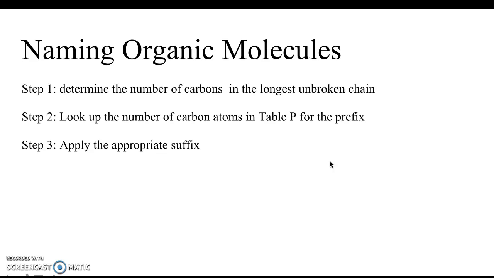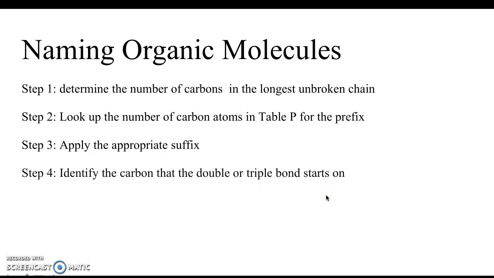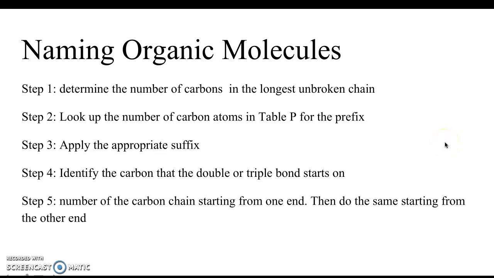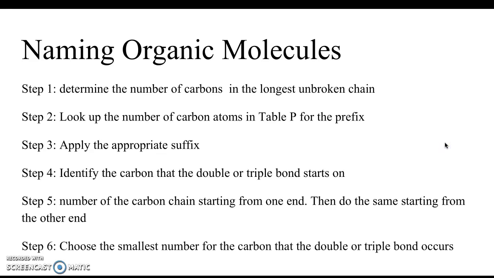You're going to apply the appropriate suffix, meaning the ending. So if it belongs to alkanes, it would have that A and E ending. Identify if there's a carbon that has a double or triple bond and what carbon it starts on. In order to determine what number to use, you number the carbon chain starting from one end and then do it from the other end, and you're going to use the smallest number for the carbon that the double or triple bond occurs on.